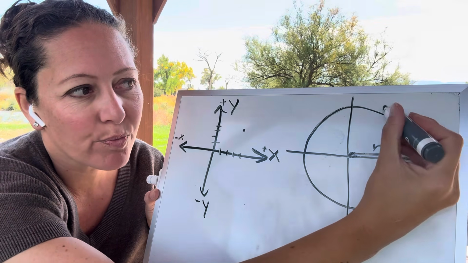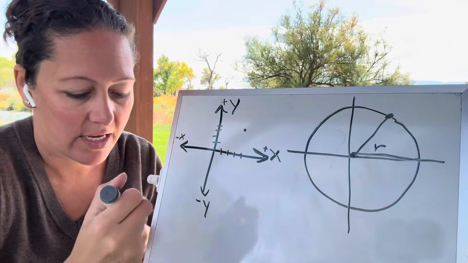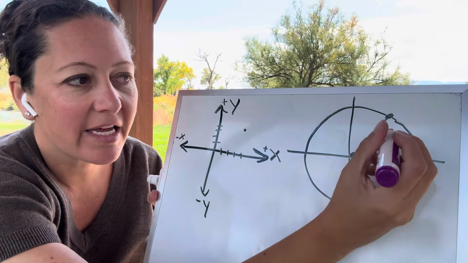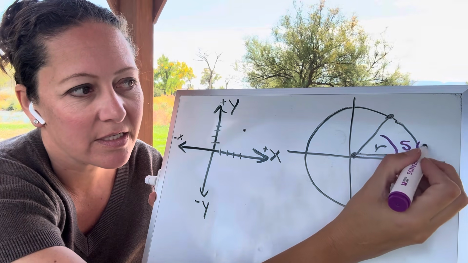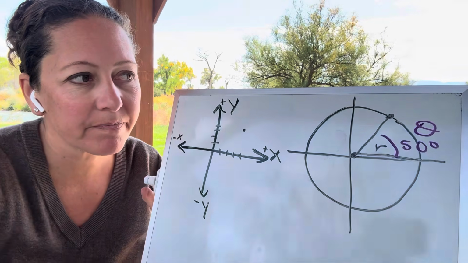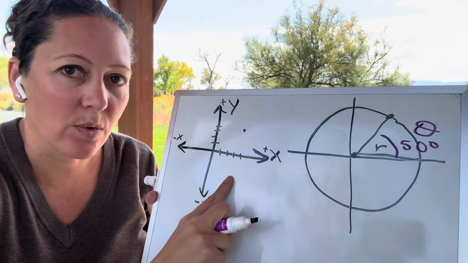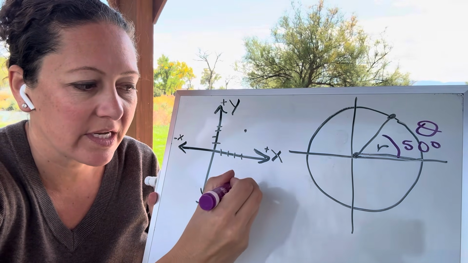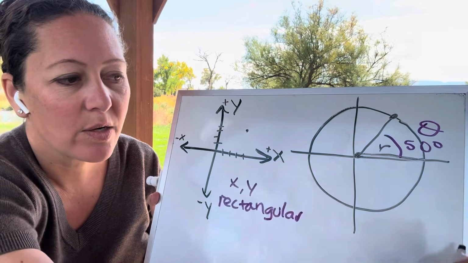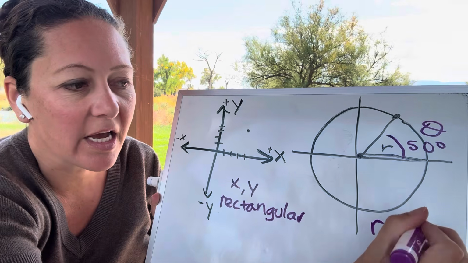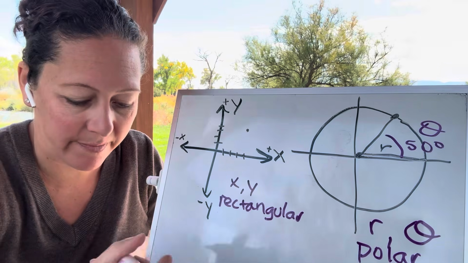And then if I have some other point on the circumference, say up here, and I go from there to there, that angle right here, let's say this is 50 degrees, we call that theta. So when we are talking about X and Y, those are the things for our coordinates of a rectangular plane. And when we are talking about radius and theta, those are the points we use on our polar coordinate plane.